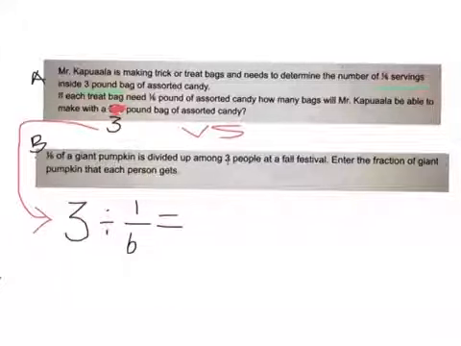Okay? And in order to do that, you have to set it up like this so your whole number is on the left side, and the fraction is on the right-hand side. The serving size is on the right-hand side, and the amount we have to make the servings from is on the left-hand side, okay? So 3 becomes 3 over 1.